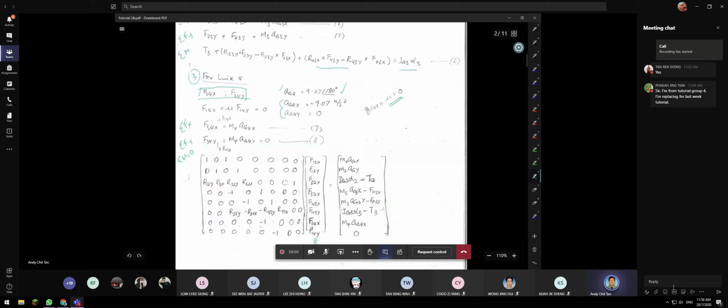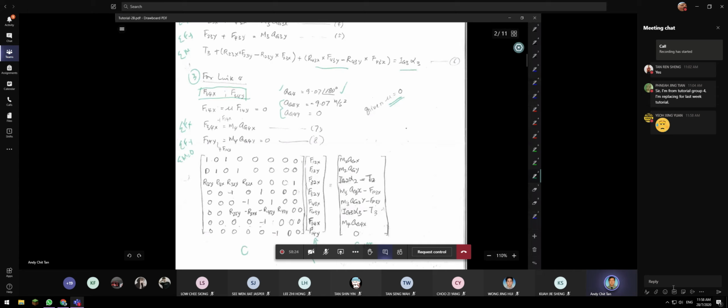Let's say this is a C matrix. The C matrix has all the forces and the radius, and these are the given values, which are mass times acceleration. So this is F, this is what you have to find.